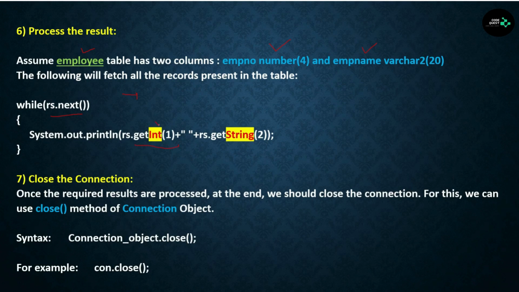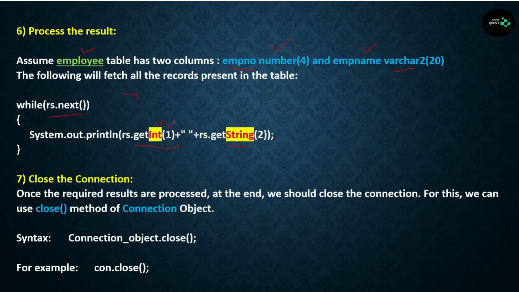Why int? Because this EMP number column is representing a numeric one, a number. Whereas the second column EMP name is a varchar. Hence, I use getInt if it is a number type, or getString if it is a varchar type.